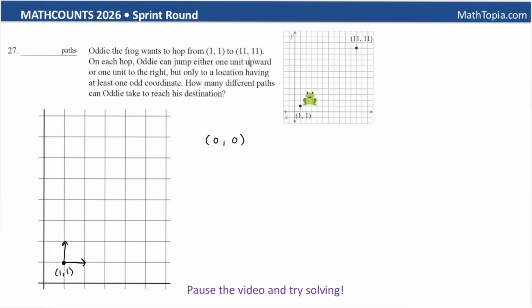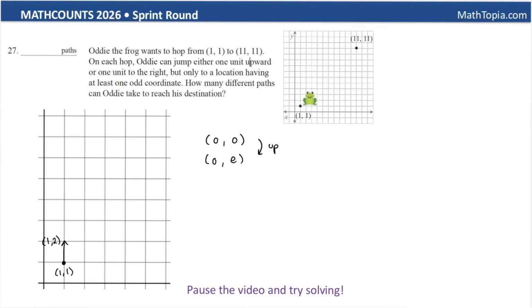So if Audie jumps 1 up, that's affecting the y-coordinate. So now he's at an odd coordinate and an even coordinate. Just to illustrate that, that would be him going up 1 to the point (1, 2), and we can see that that's an odd number and an even number. This is just for generalizations. Then he can either go up or right.